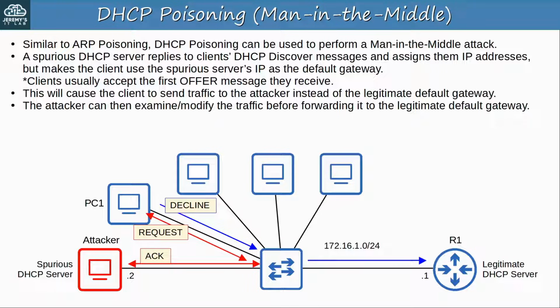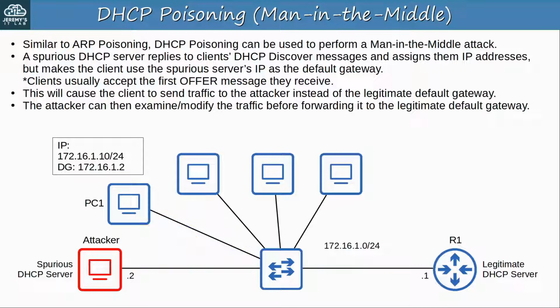However, with the attacker, it completes the DHCP DORA process, and now PC1 has an IP address, 172.16.1.10, and its default gateway is the attacker, 172.16.1.2. So, if PC1 wants to send traffic to an external network, for example the internet, it will send the traffic to the attacker.